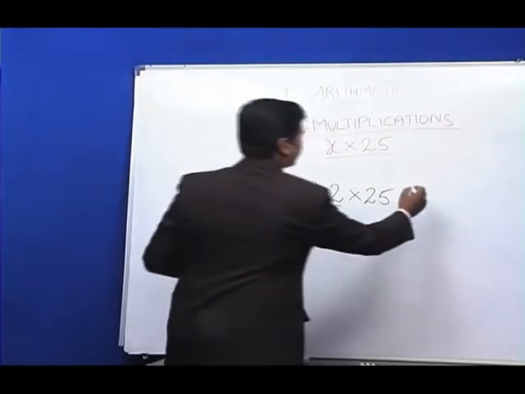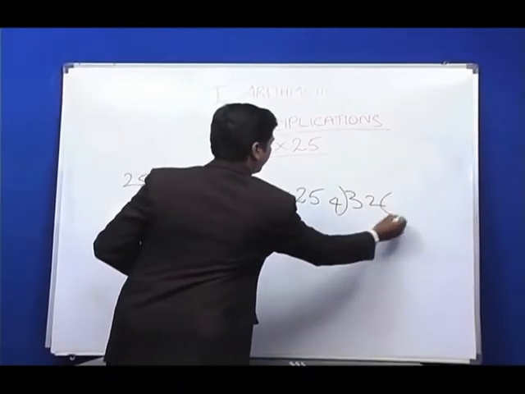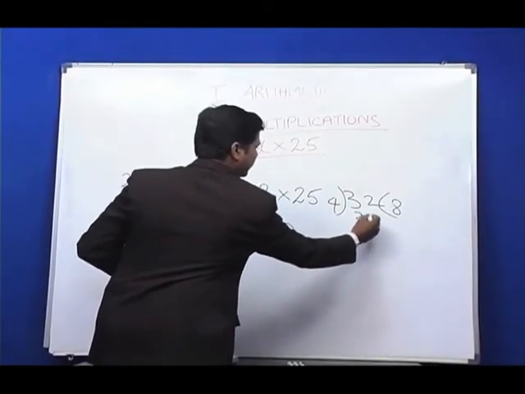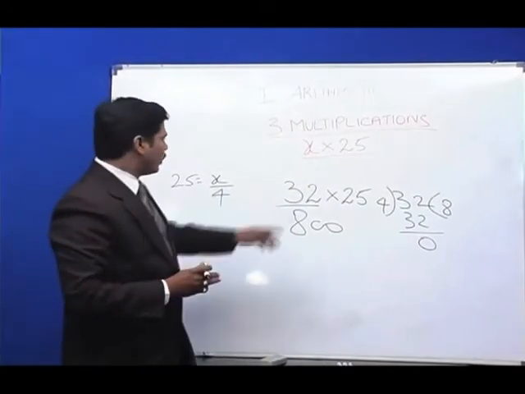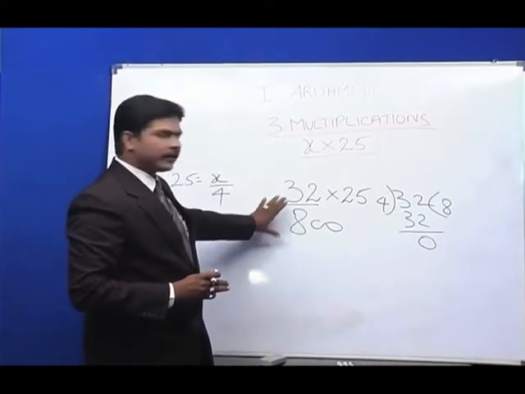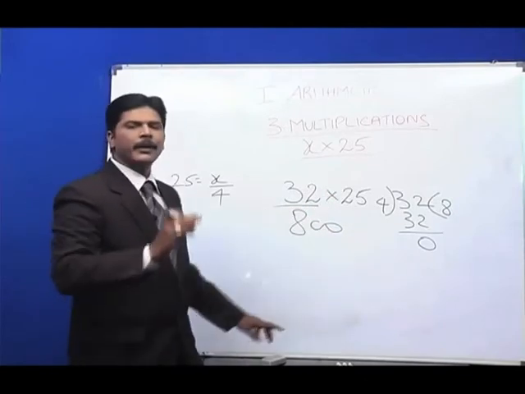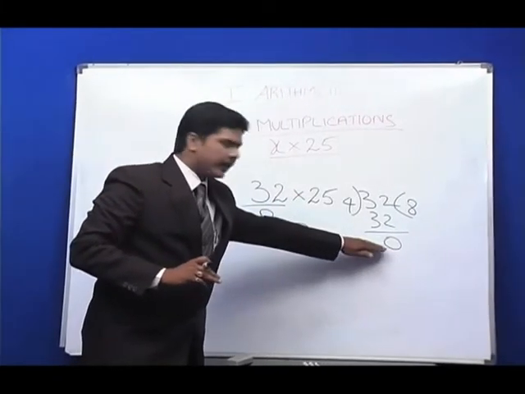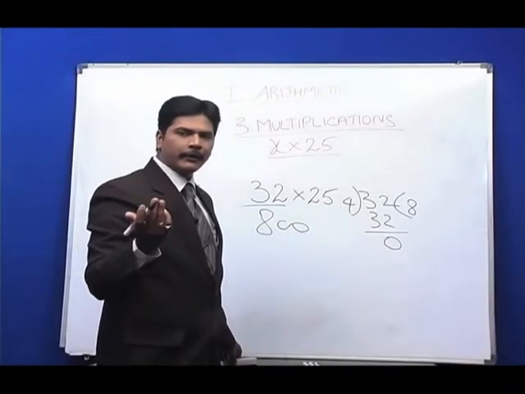Generally, in our school method, we do 32 divided by 4: 8 times 4 is 32 and the remainder is 0. So 4 goes in 32 8 times with the remainder of 0. Now we got 8 there. Very good, fine. How did we get the 2 zeros there? Very simple. Whatever remainder we get, we must again multiply by 25.